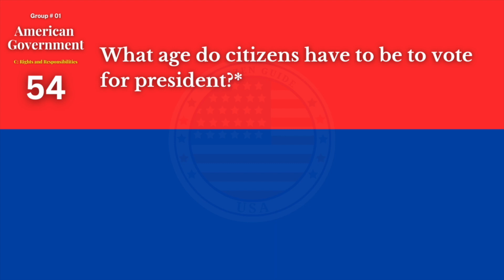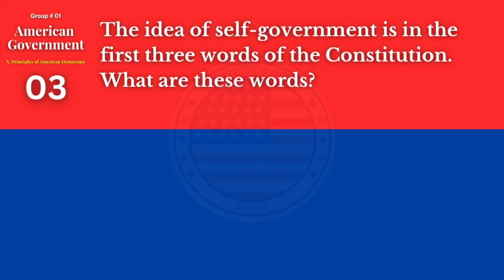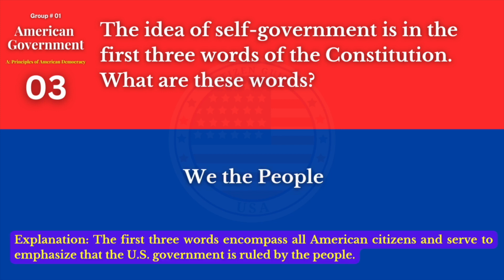What age do citizens have to be to vote for president? 18 and older. The idea of self-government is in the first 3 words of the Constitution. What are these words? We the people.